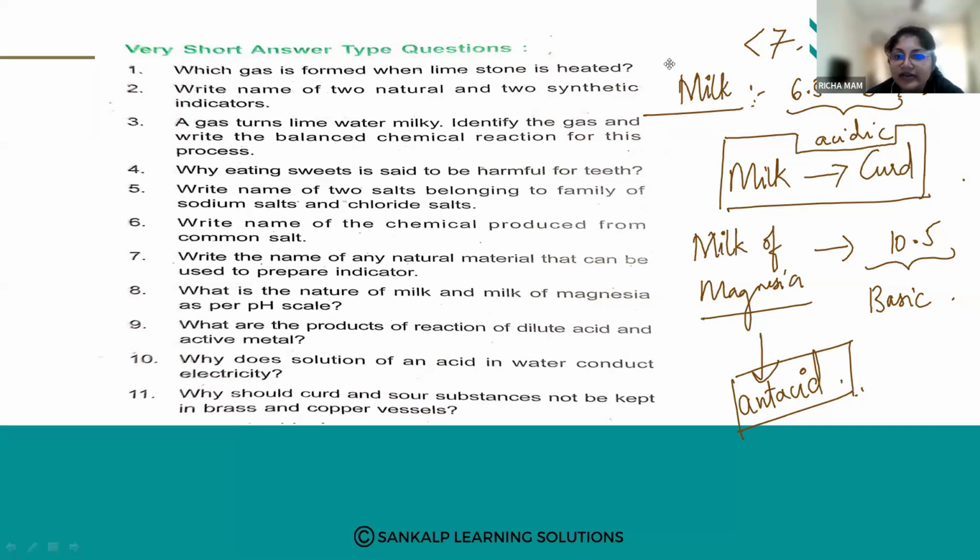So what is the difference between milk and milk of magnesia? Milk has a pH of 6.5 to 6.7, which is slightly acidic, and because of this acidic property it can be converted into curd. Milk of magnesia is a magnesium compound with a pH of 10.5, which is basic in nature.